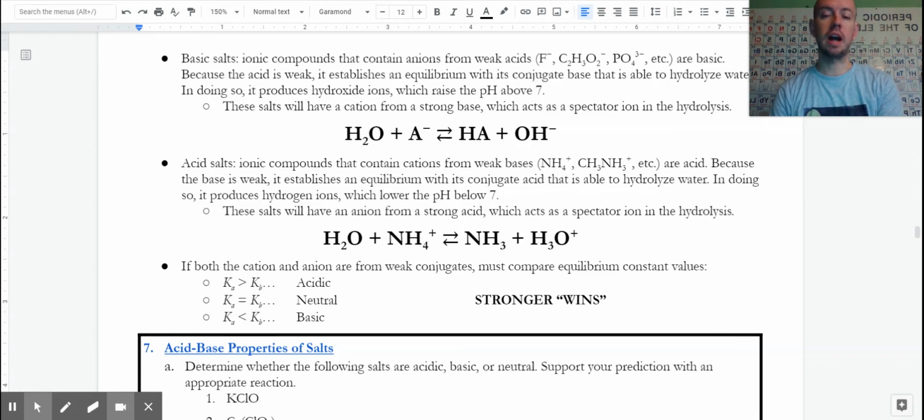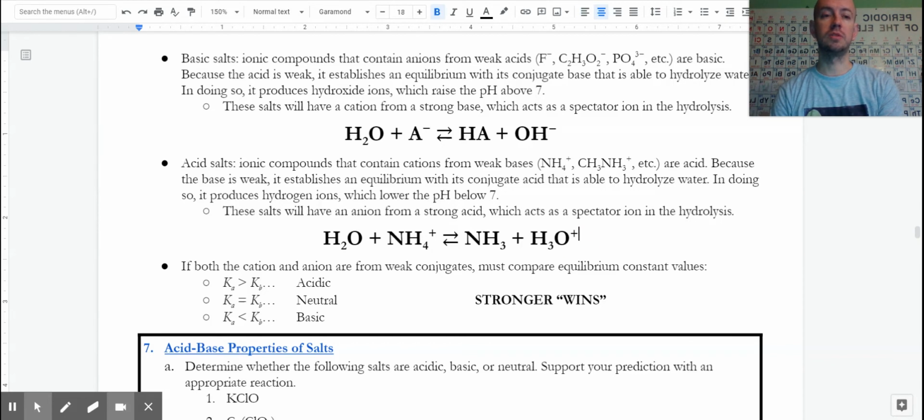The ammonia conjugate acid has the ability to give away its hydrogen. It's an acid, leaving us as just NH3, but most importantly, it's turned into the H3O plus ion. So it is the reaction of our anion or cation with the water molecule that either raises the pH or lowers the pH.